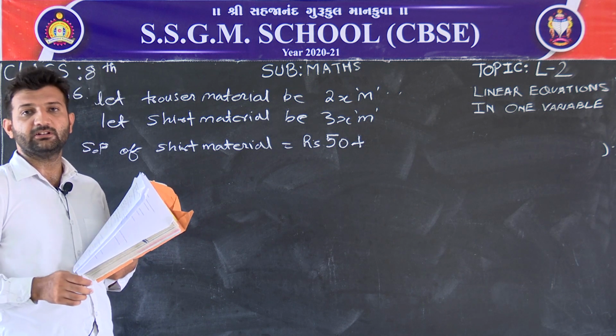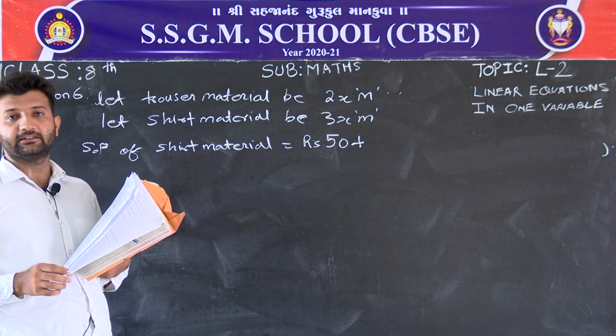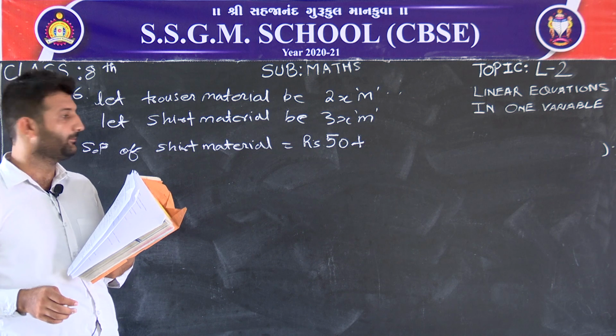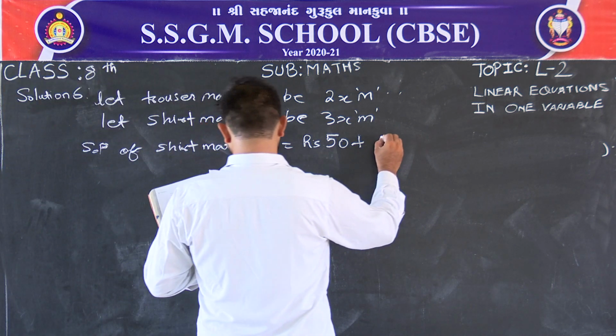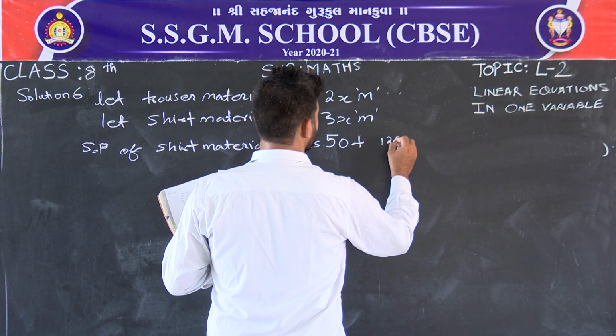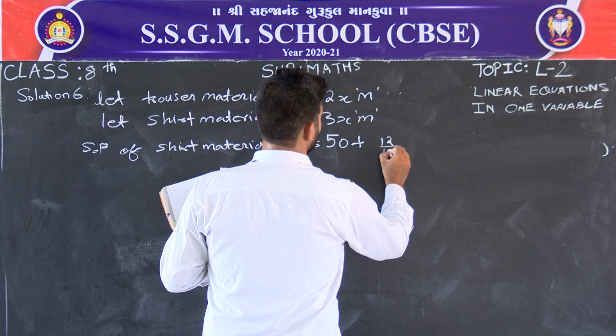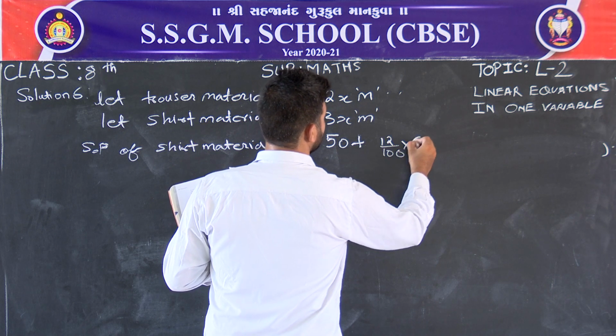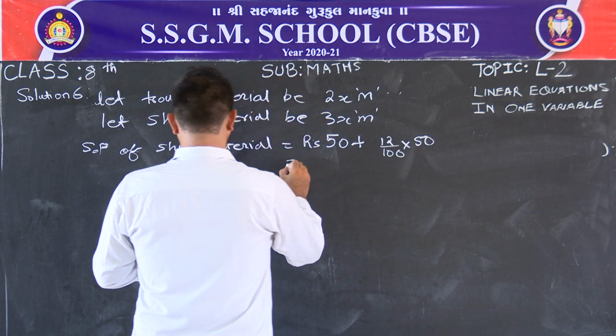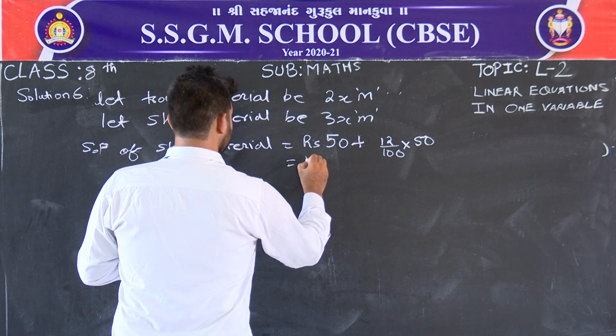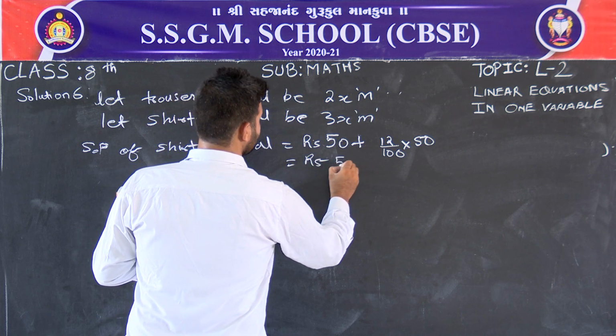Why? Because it is given that it makes 12% profit on shirt material. So here we add 12% of rupees 50. So it will become rupees 56.